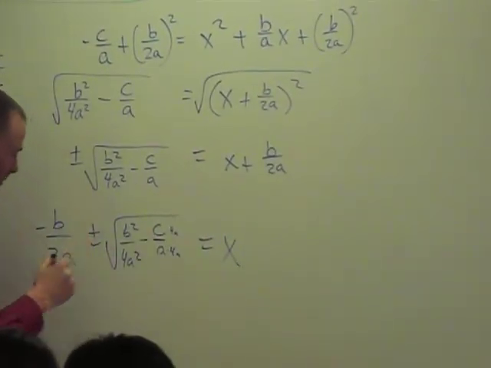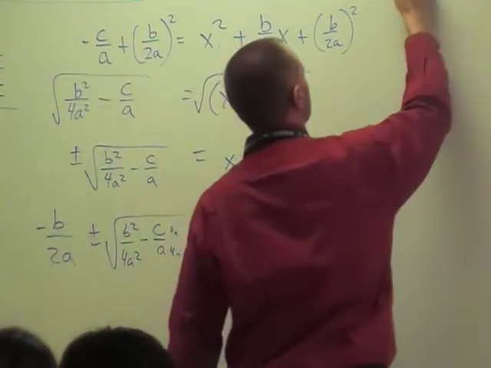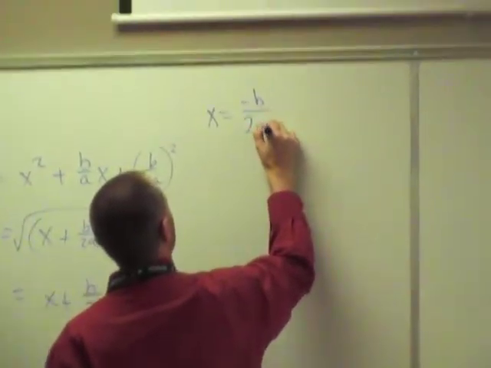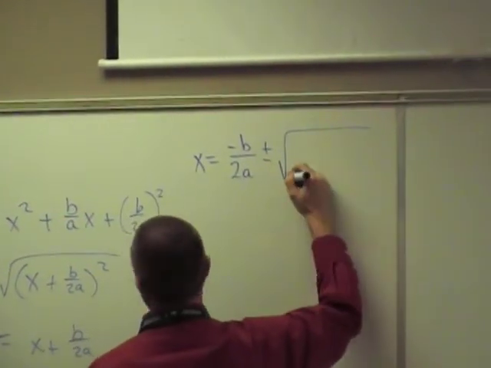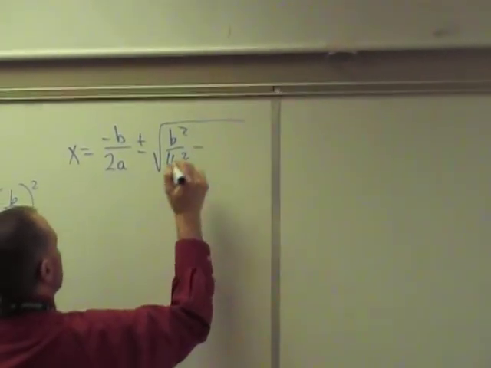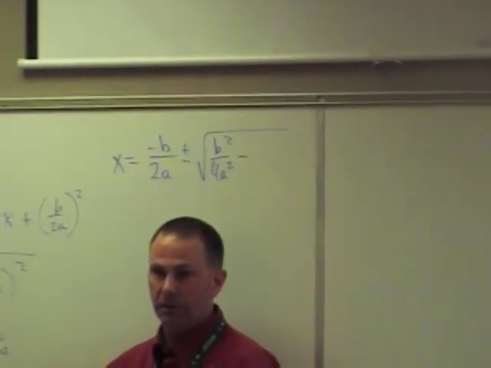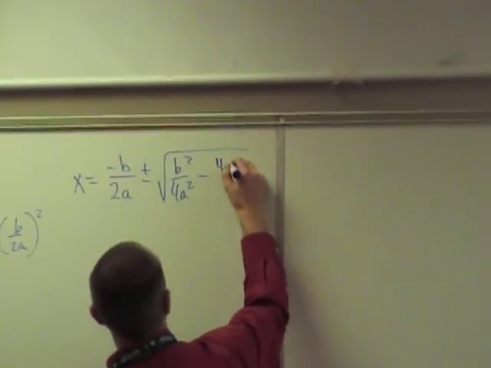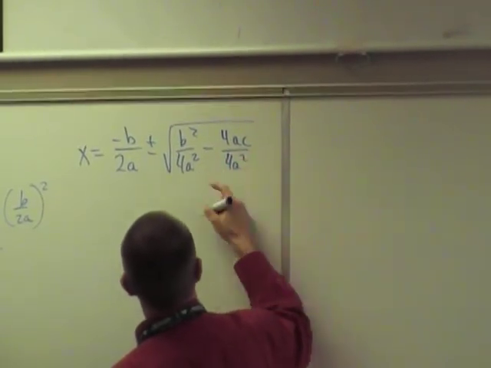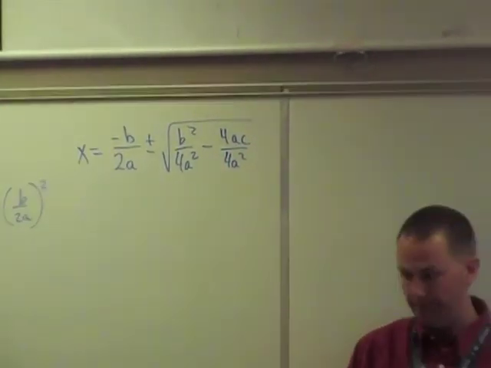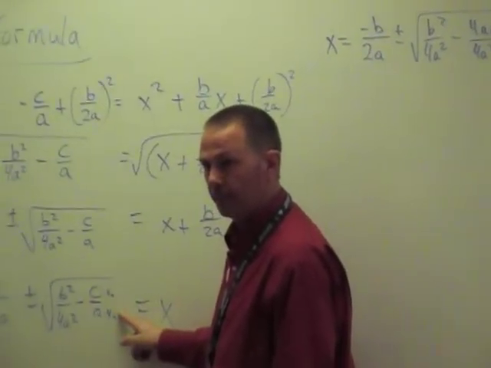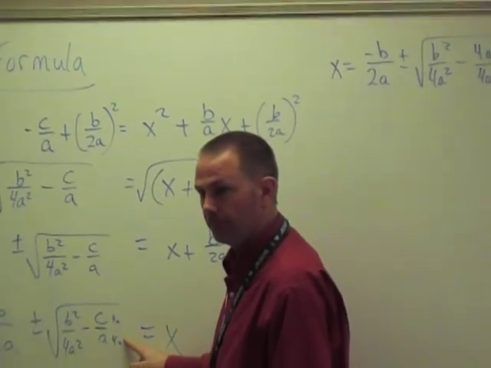I'm going to rewrite it right here. x equals minus b over 2a, plus or minus, inside this radical, b squared minus 4ac over 4a squared.